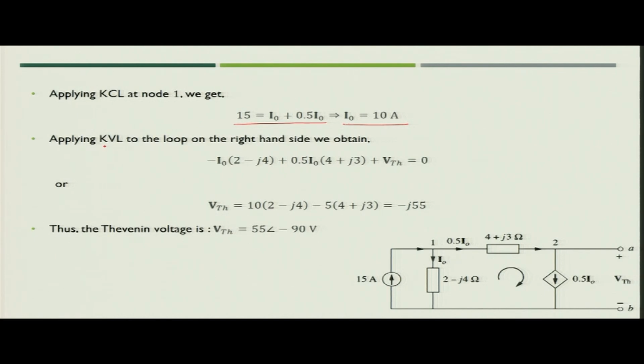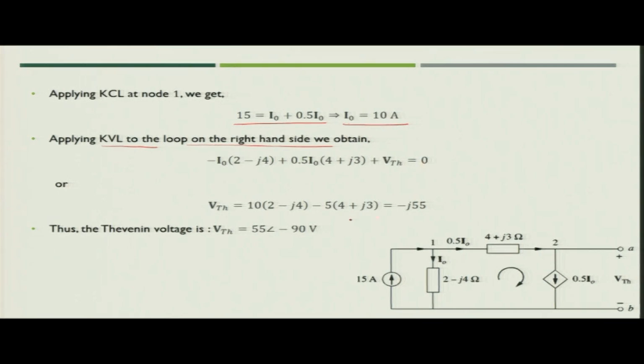Now, you need to apply KVL to the loop on the right hand side. Because the voltage across this current source is VTH, you can simply write minus, because the direction of current is opposite, minus I naught into 2 minus J4 plus 0.5 I naught into 4 plus J3 plus VTH equal to 0.